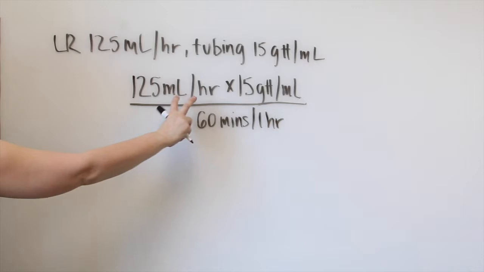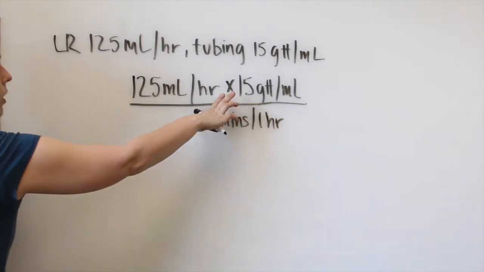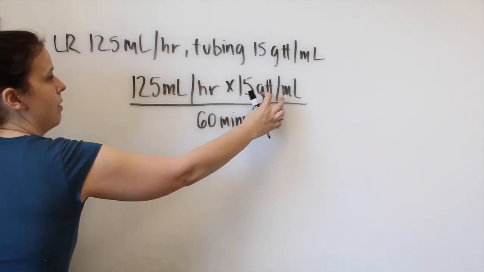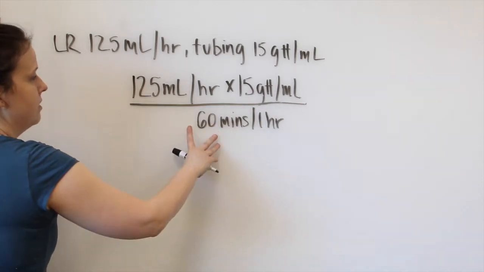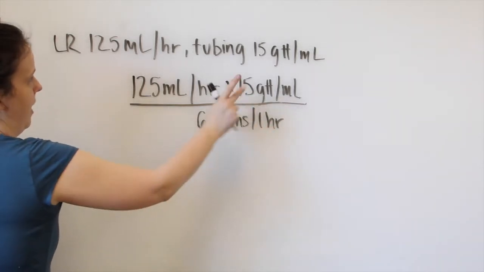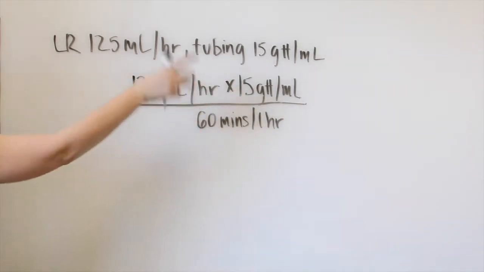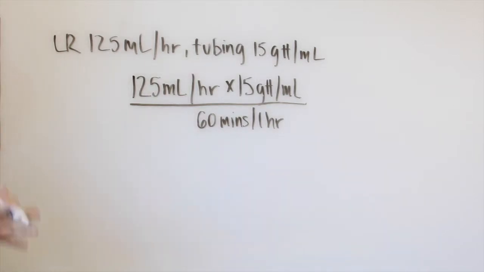You want to put the volume to be infused here. You want to multiply that by your drop factor over here. And then you want to divide that by 60 minutes in 1 hour, because we're trying to get the number of drops per minute. It would be darn near impossible to calculate the number of drops per hour, but I'm going to explain to you how to do the number of drops per minute.